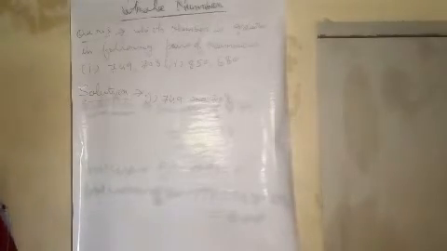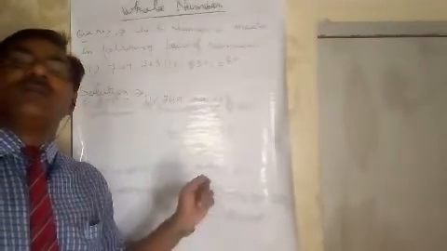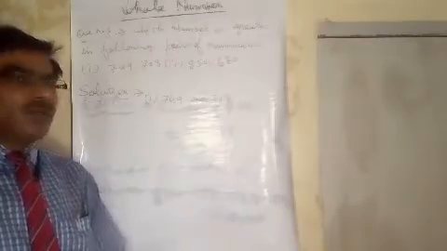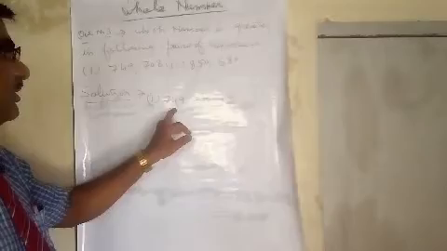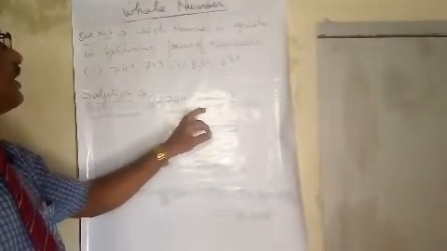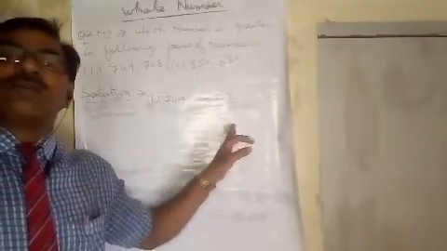First of all, I will count the number of digits. The number of digits in 749 is 3 and in 708 is 3.